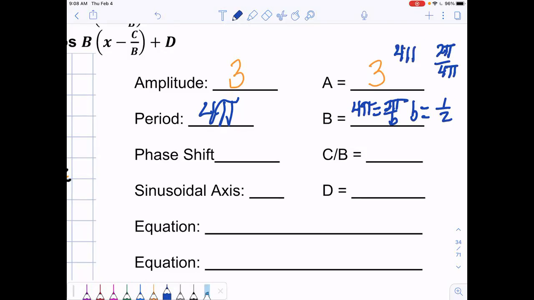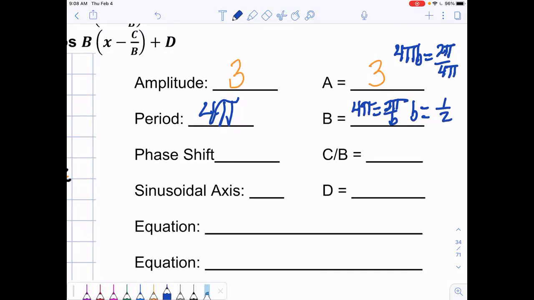So my period is equal to 2 pi over B. Well, 2 pi over 4 pi is equal to 1/2. So that's the B value, 1/2. So remember, period is the distance, but the equation has the B in it, the 1/2.